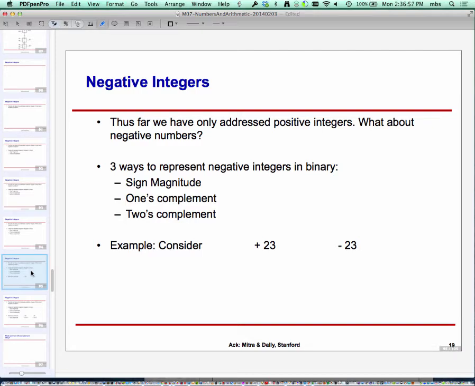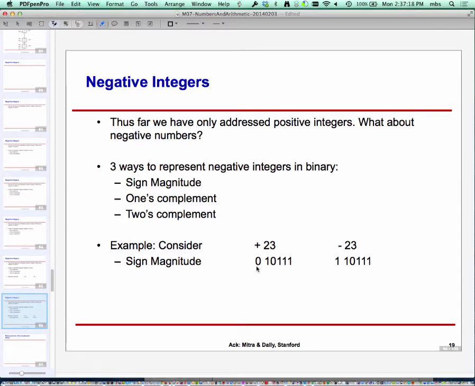So 23 in binary, we know how to represent, so that's the magnitude. But now let's say I also want to represent minus 23. I want to represent negative numbers. So in sign magnitude, 23 needs 5 bits to represent the magnitude: 1, 0, 1, 1, 1, that's 23.